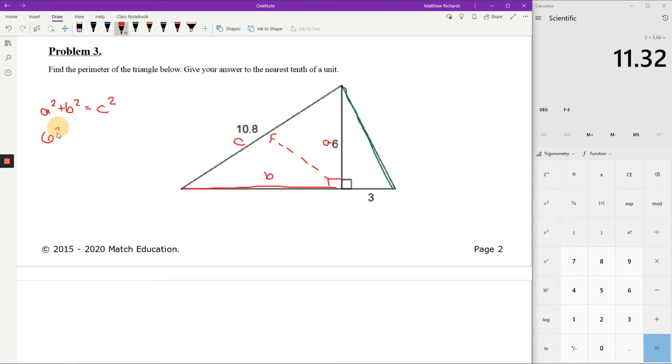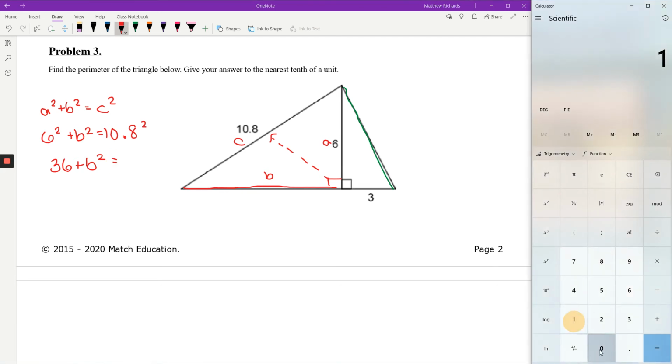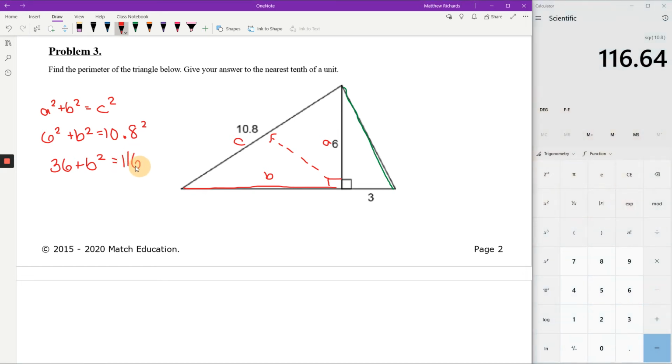So 6 squared plus B squared is going to equal 10 and 8/10 squared. 6 squared is 36 plus B squared equals, well, let's see, 10 and 8/10 squared is 116 and 64/100.